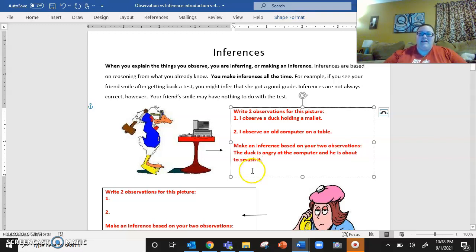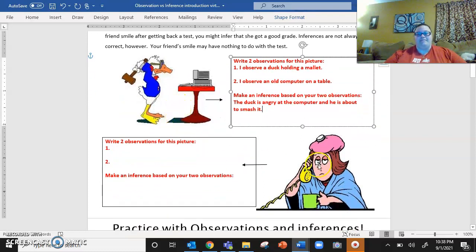Now we know that this is an inference, not an observation, because there's no speech bubble saying, I hate this computer, I'm going to smash it. That is an educated guess that we as intelligent people are able to make. Let's practice one more time. Take a look at this picture. Write two observations on your own.